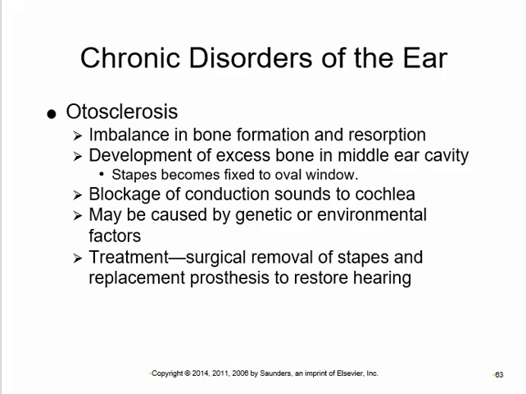Chronic disorders, probably the most important one is otosclerosis, which is an imbalance in bone deposition and bone reabsorption, and so you end up with the stapes especially becoming too large for the space in the oval window, the osseous space in the oval window, and it basically gets stuck and it blocks the conduction of sound to the cochlea.